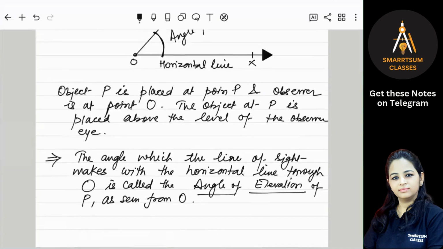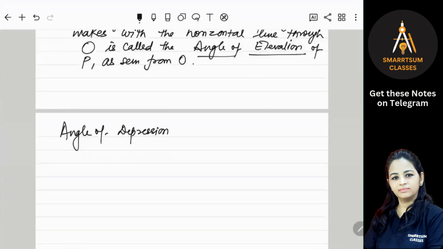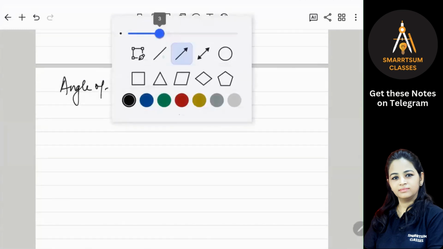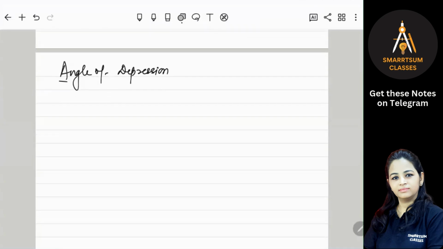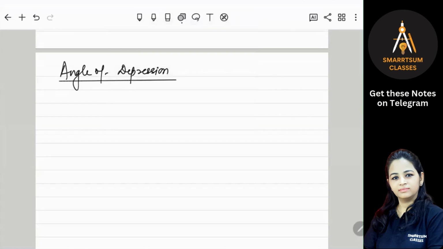Similarly, we have angle of depression. So put the heading: angle of depression. Now, what is angle of depression? Again, suppose you are at point O here.